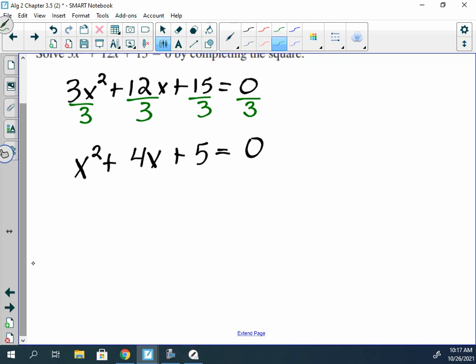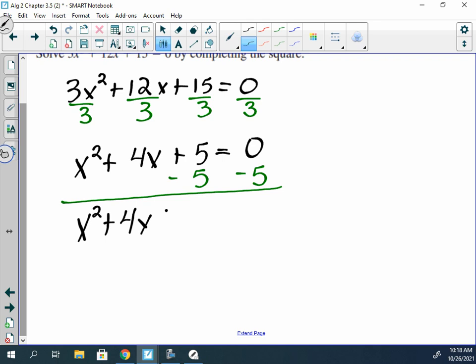Okay, second step in completing the square is to get the variables on one side, constant terms on the other. So we would subtract 5 from both sides, which would leave us with x squared plus 4x plus blank is equal to negative 5 plus blank.